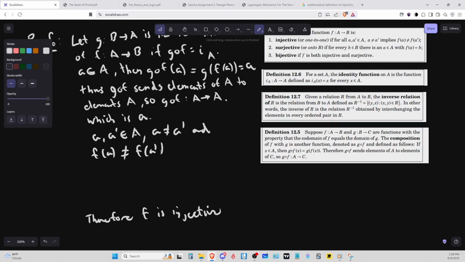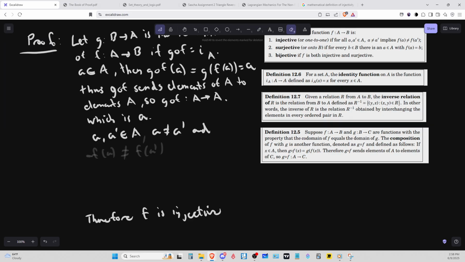oh wait, we could just write through proof by contrapositive. Maybe that will be open enough.